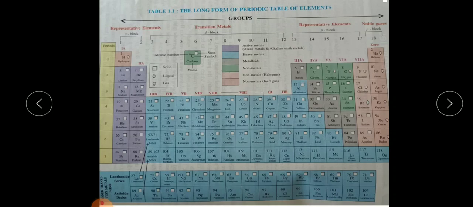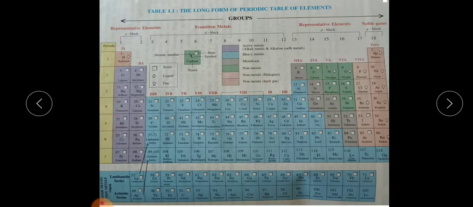Now this is the modern periodic table. In this table we have horizontal rows like this, and vertical columns like this. The horizontal rows in the periodic table are called periods, and there are 7 periods.